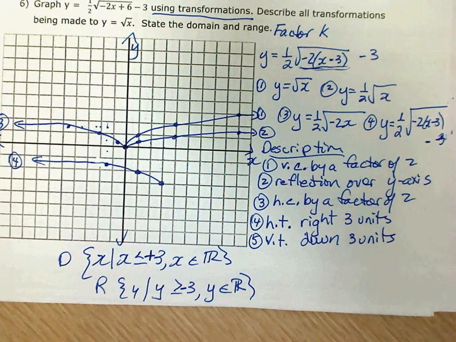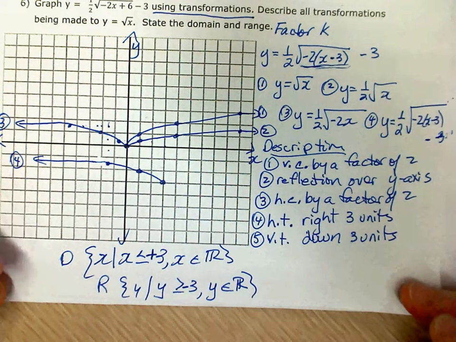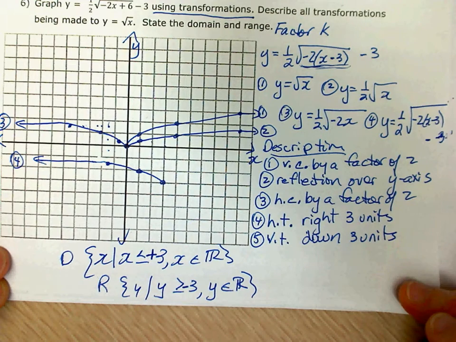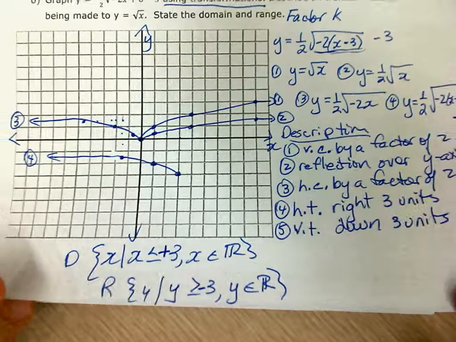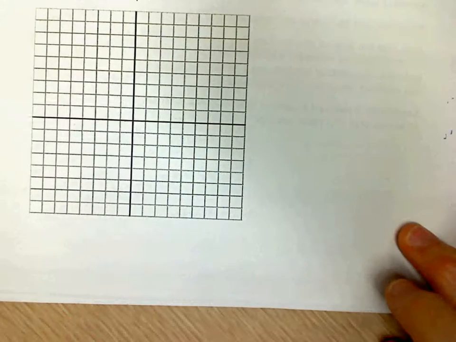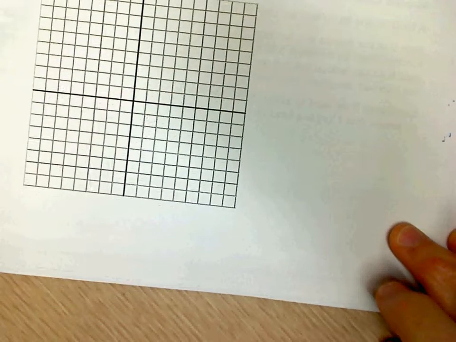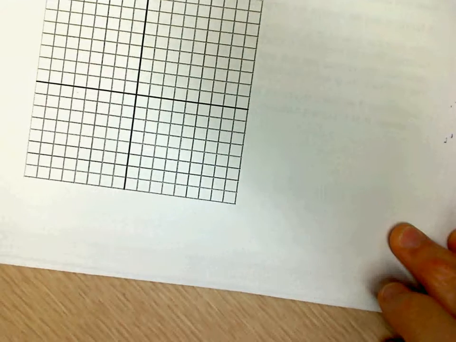I didn't know where that was coming from. Good? Let's do graphing by... Huh? You need domain and range. Where did I get it from?